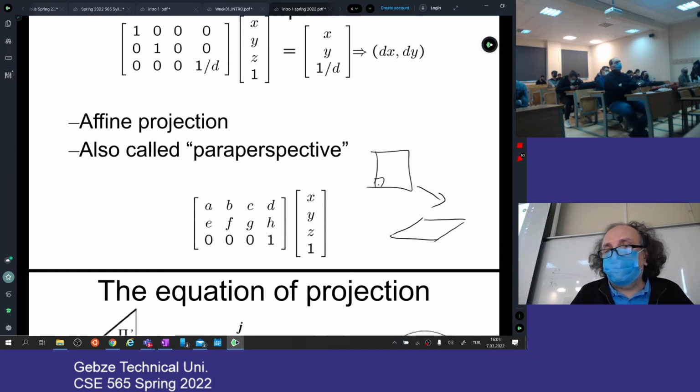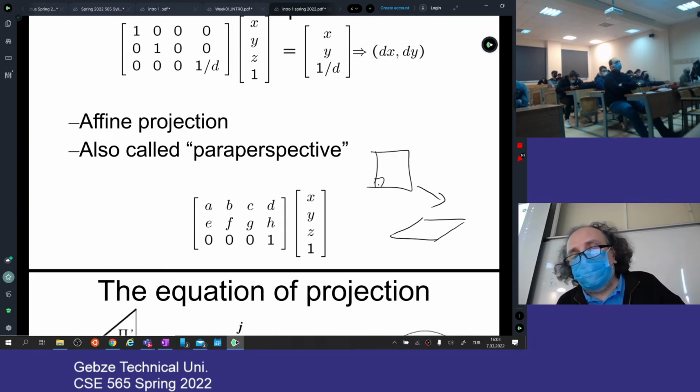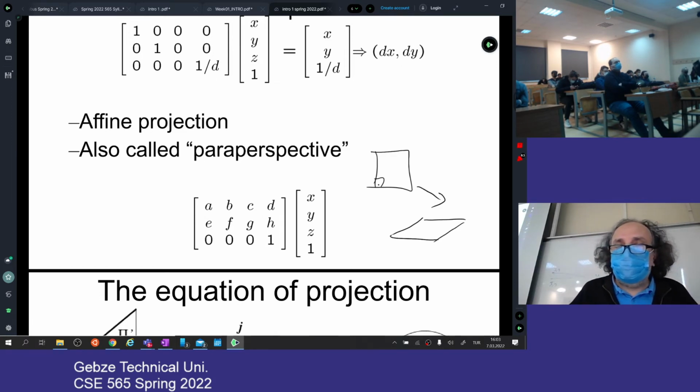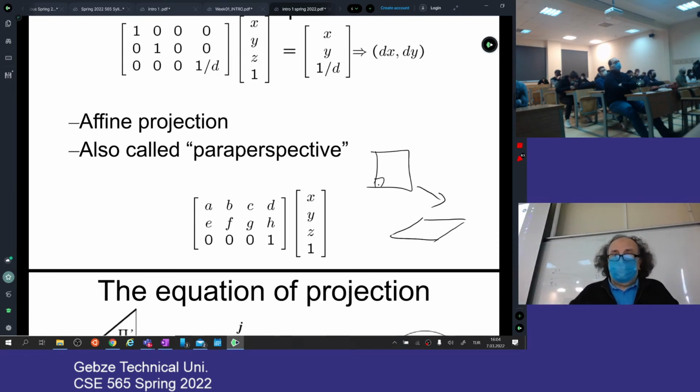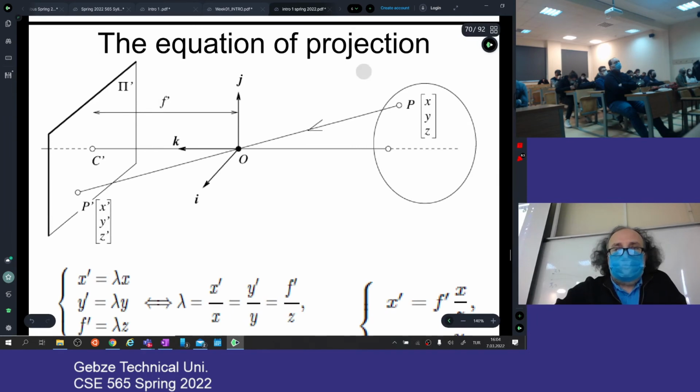Your perpendicular lines are not perpendicular anymore. With the perspective transformation like this, you lose both parallelism and the relative angles between them. The only thing that you keep is linearity: lines stay lines. So we will talk about this later.